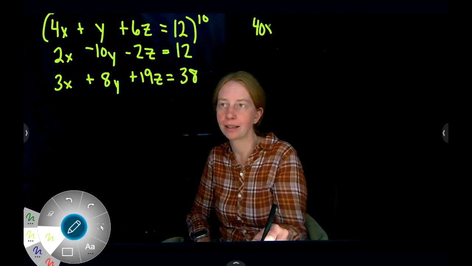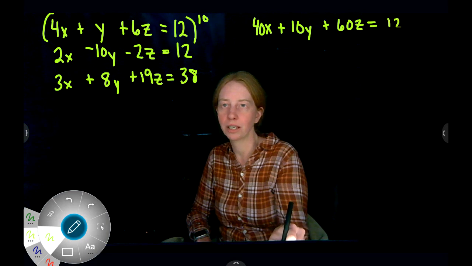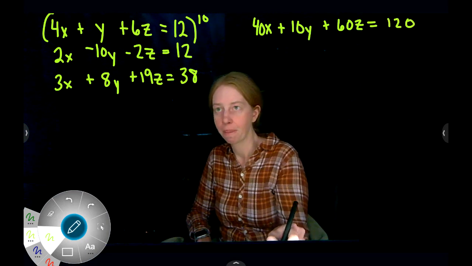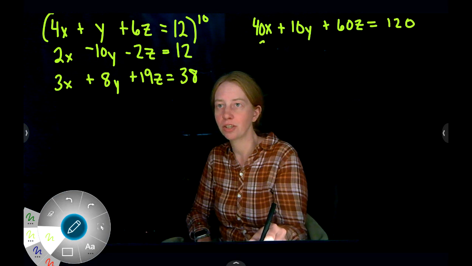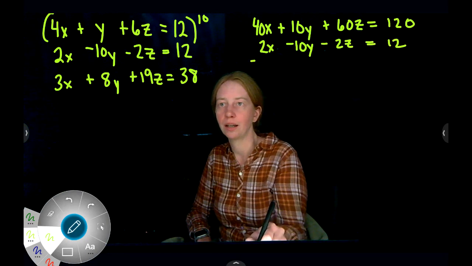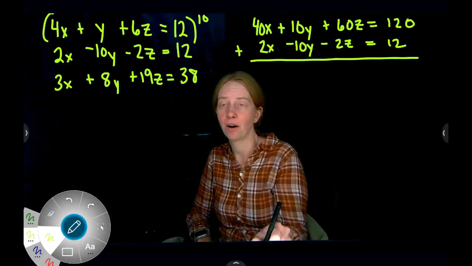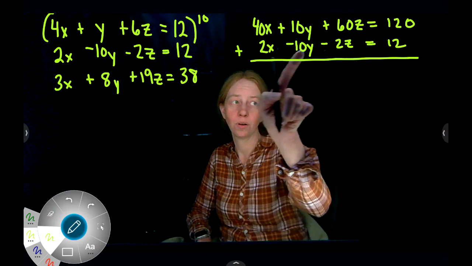So we have 40x plus 10y plus 60z equals 120. Okay. And then we have this other equation underneath that I'm going to just write straight up underneath. And we are going to, in this case, add them because I've already got my subtraction symbol right here.